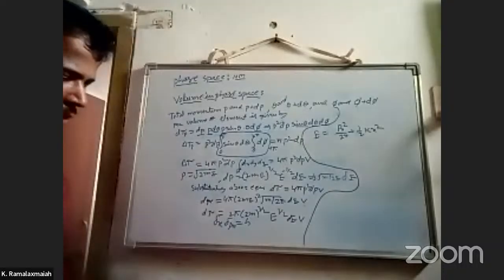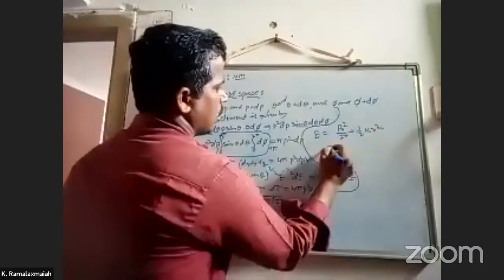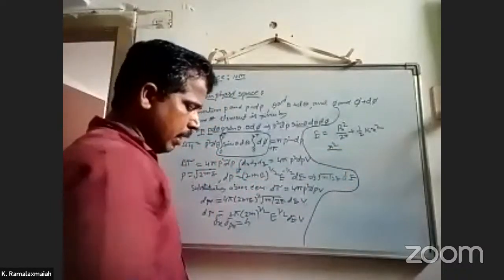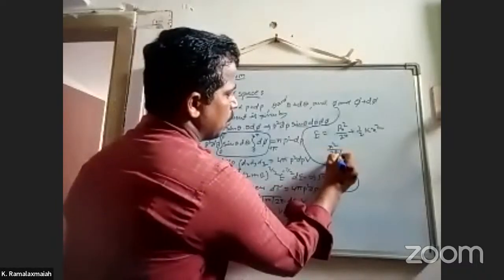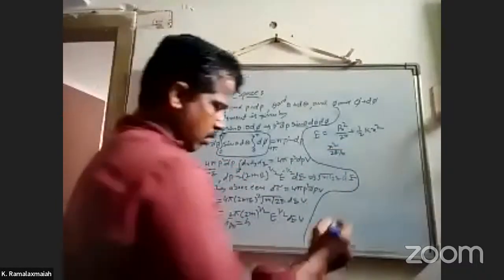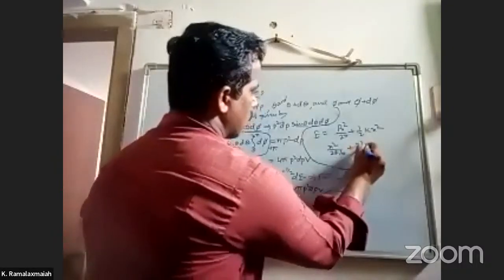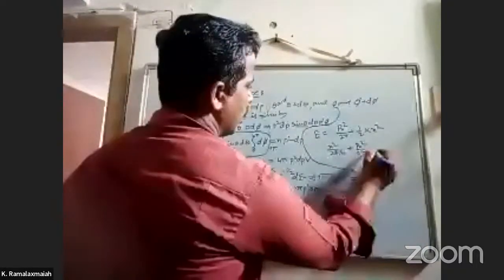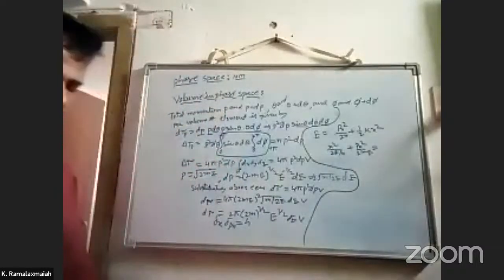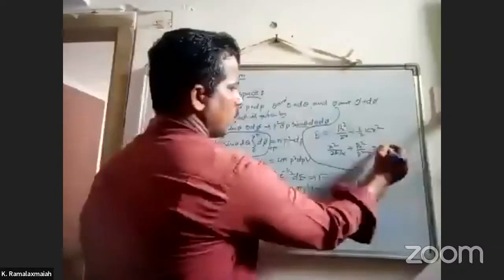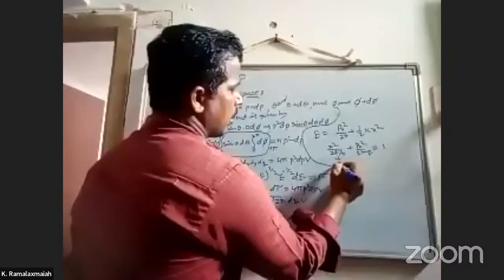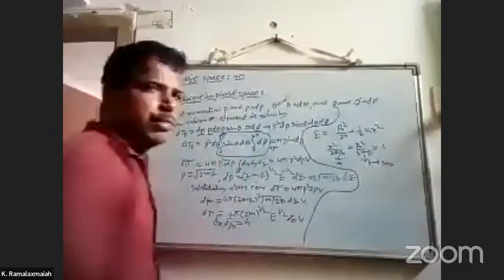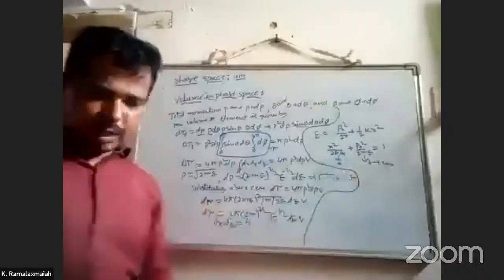Simplifying the equation, x square by 2E by k plus px square by 2mE is equal to 1. This is a and this is b.